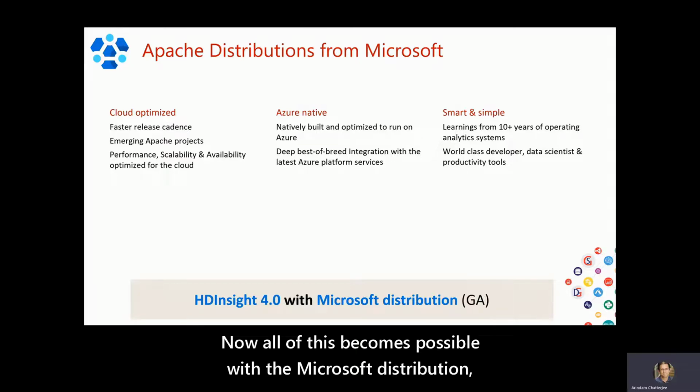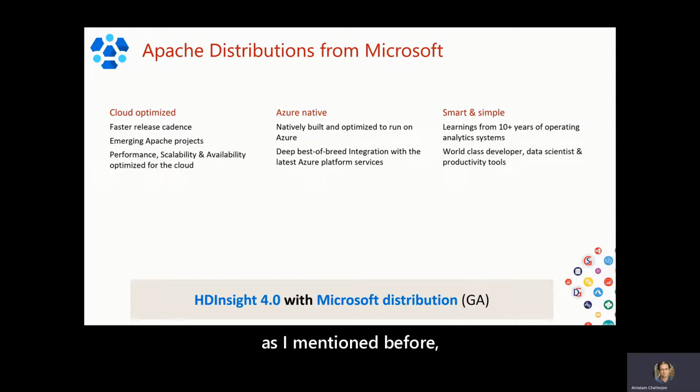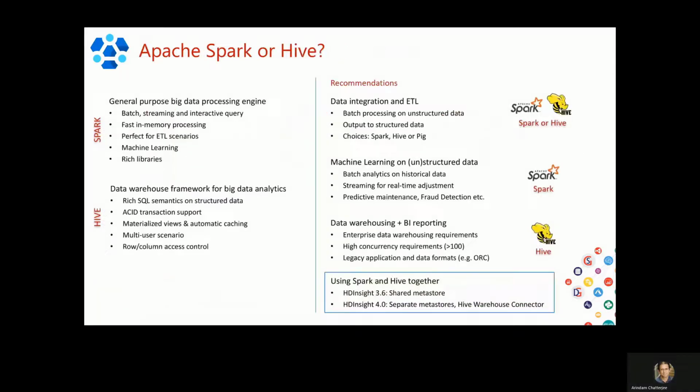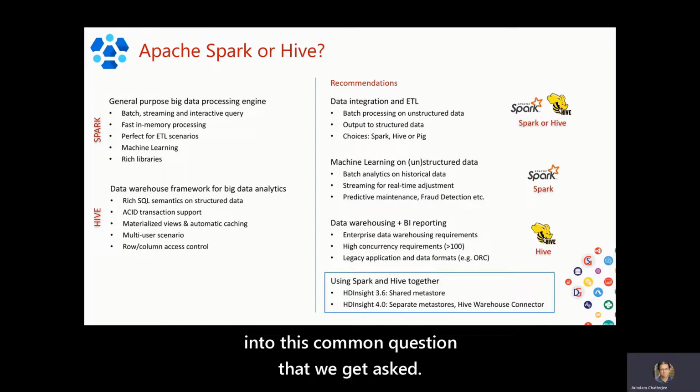And so now all of this becomes possible with the Microsoft distribution that, as I mentioned before, is now available as part of HDInsight 4.0. So having said that, now let's jump into this common question that we get asked.